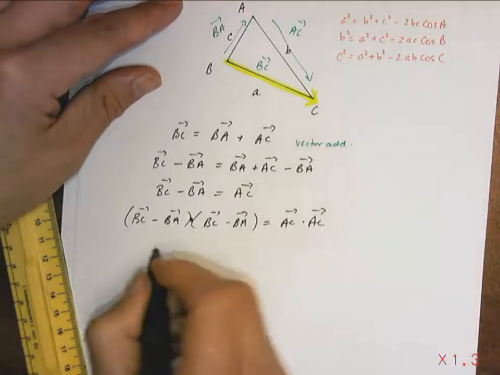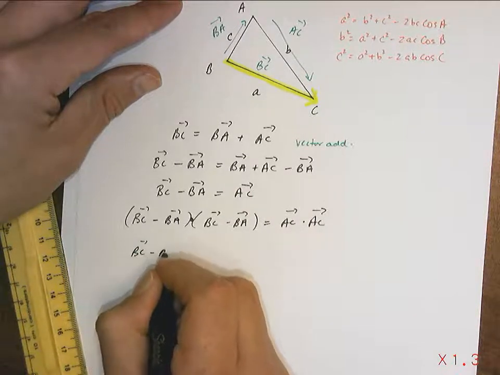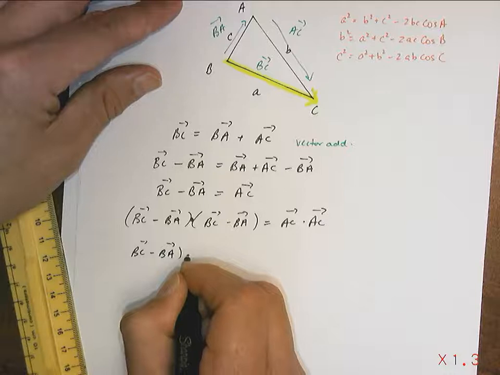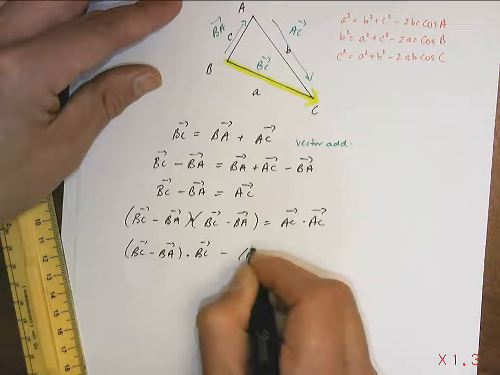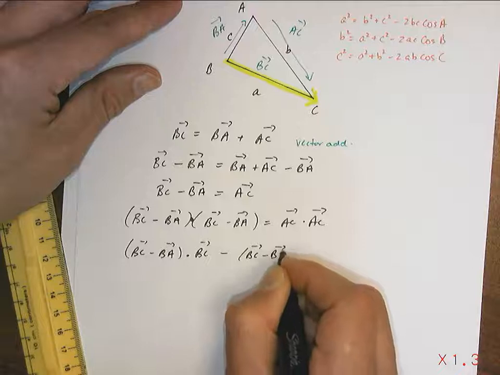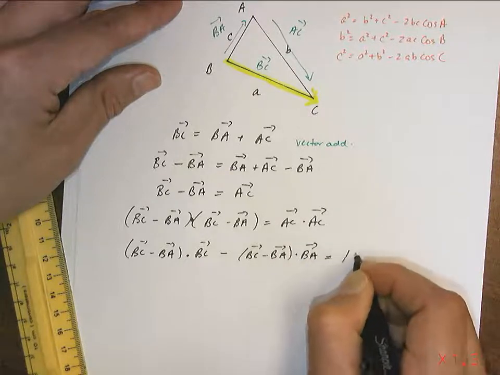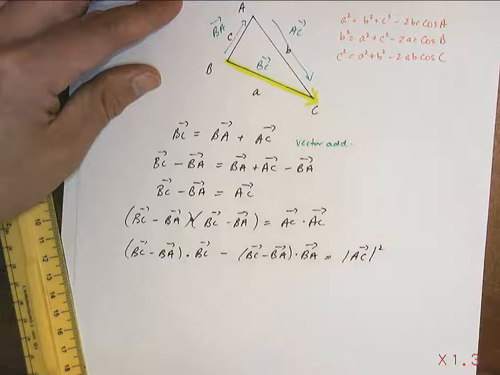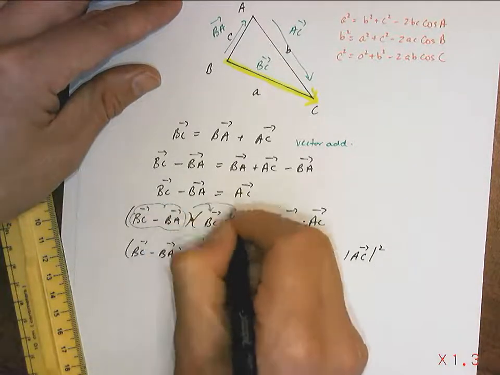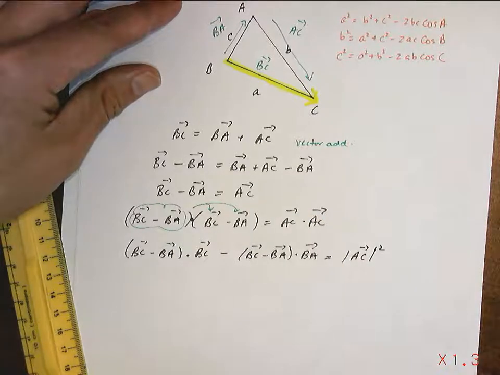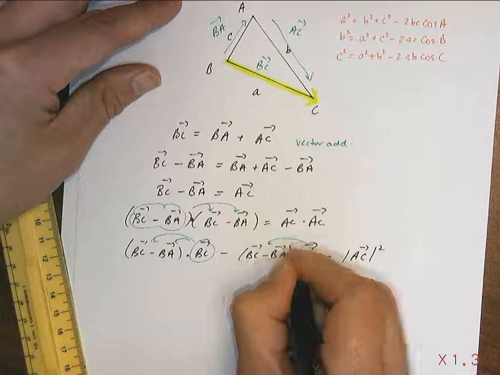I'm going to expand this, so it's going to be BC minus BA dot BC, subtract BC minus BA dot BA. And the other side's simply going to be AC squared. So what I did was I took this and I distributed it over the subtraction. Now we're going to take this and distribute it this way.